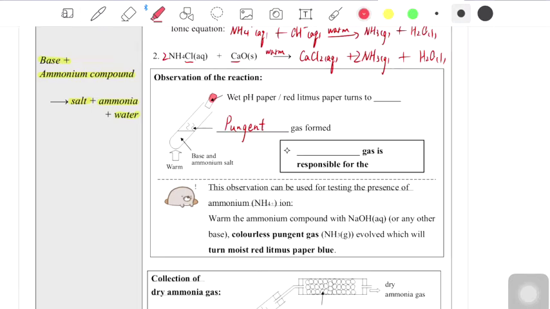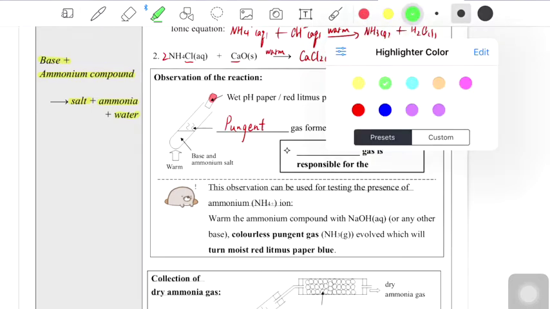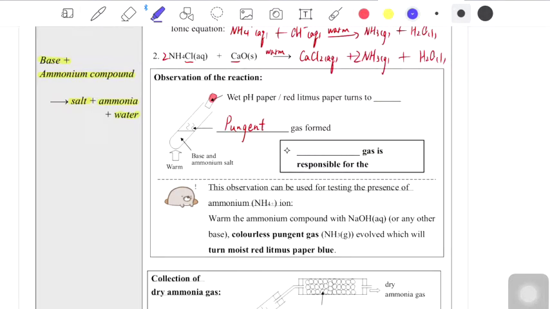So the bottom part, or eventually the whole thing, will turn blue. That's due to the ammonia gas.